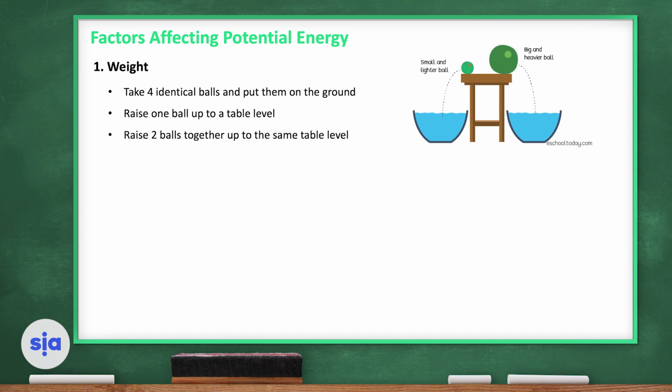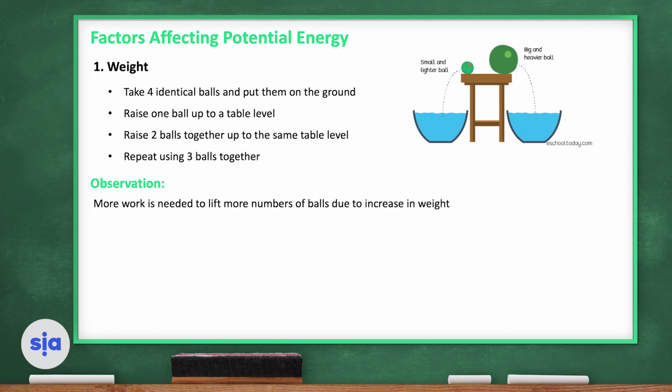Then you will raise 2 balls together up to the same table level. Then you will repeat the previous procedure using 3 balls together. What's your observation? More work is needed to lift more balls due to increase in weight.